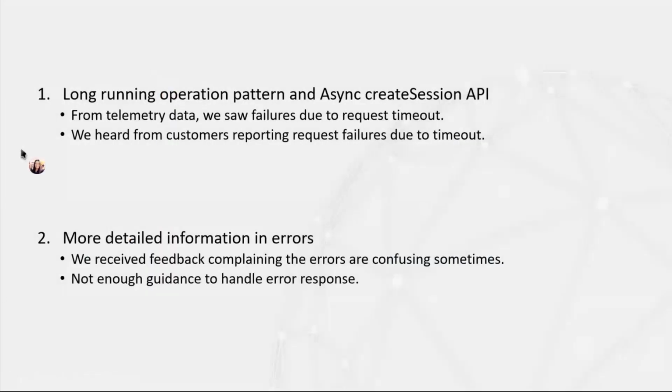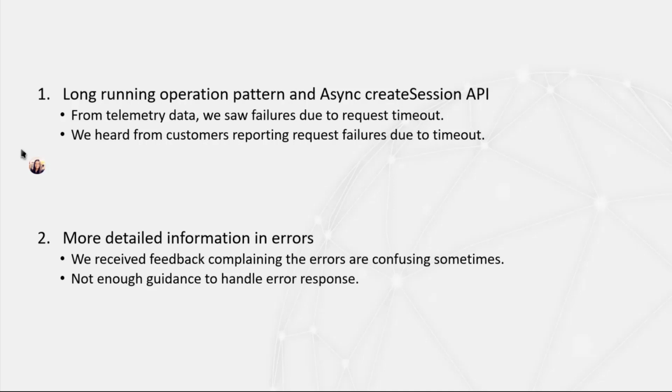For what's new, we have two items to share today. The first is the long-running operation pattern and the async create session API, which uses this pattern. We decided to invest in this area because we noticed telemetry data showing some failures caused by request timeout, and we also heard from our customers reporting failures for the same reason.